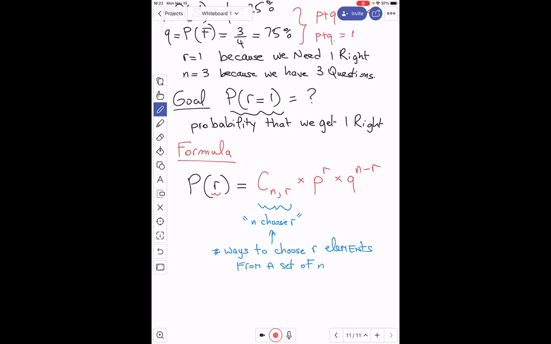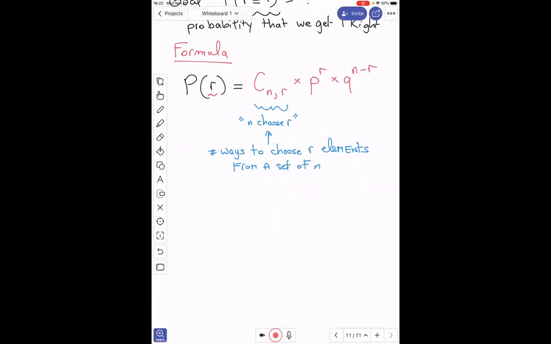For example, I'm not sure if I gave this example last week, but let's come back to the example with the three multiple choice questions, and we want to compute the probability that R is equal to 1.